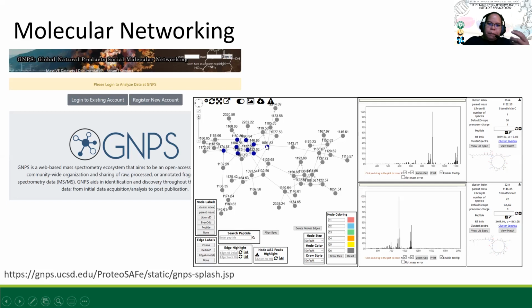And so there is a possibility that they can be analogs or derivatives of these compounds, even though they are not yet identified. So dito papasok yung the use of molecular networking, and can actually be very useful in the long term, because from here you will be able to build databases of MSMS data, and these might lead to further identifications of different compounds through the use of molecular networks.